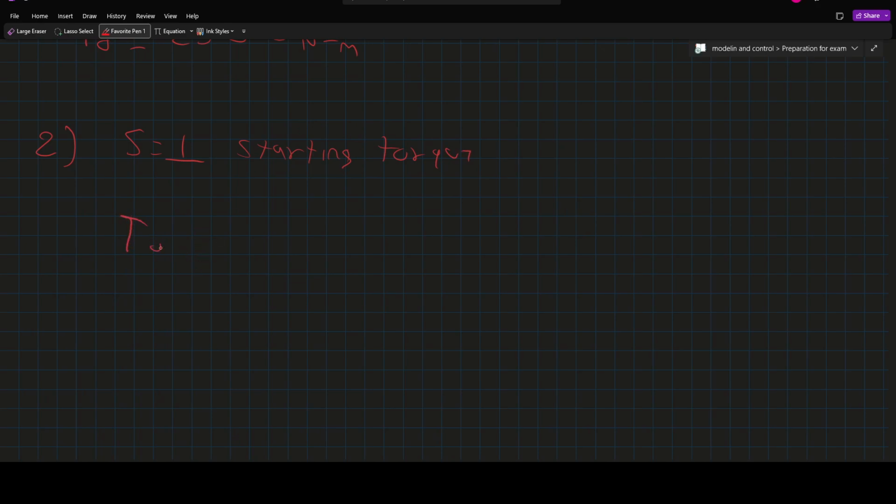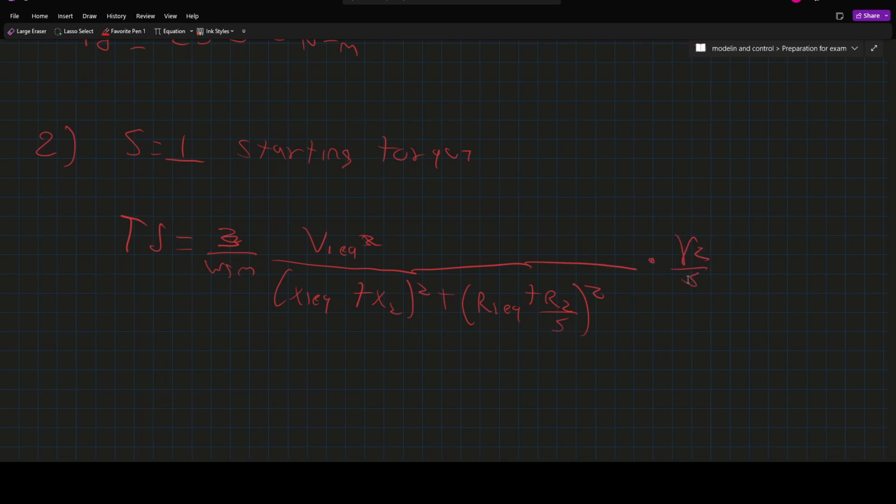So again, it's just plugging in the values into our formula for the torque: V1 equivalent squared over R1 equivalent plus R2 over S squared plus X2 squared, times R2 over S. We just make S equal to 1, so we are only going to have R2.